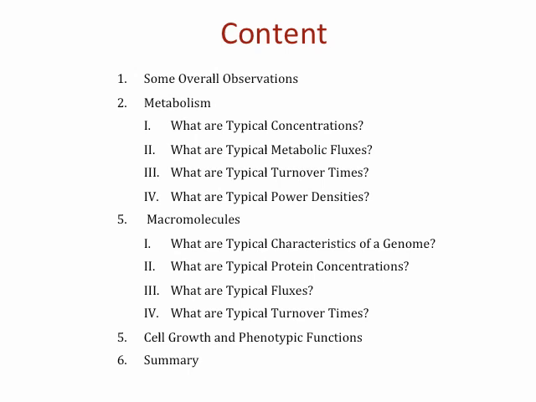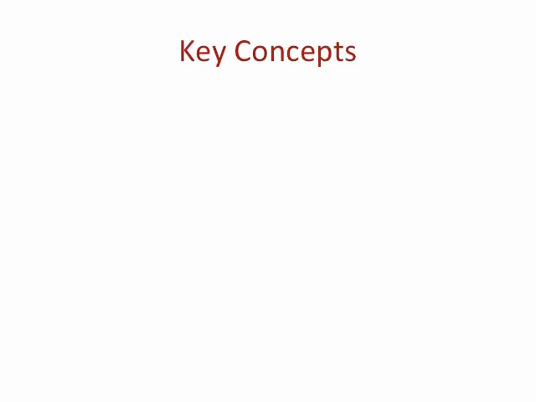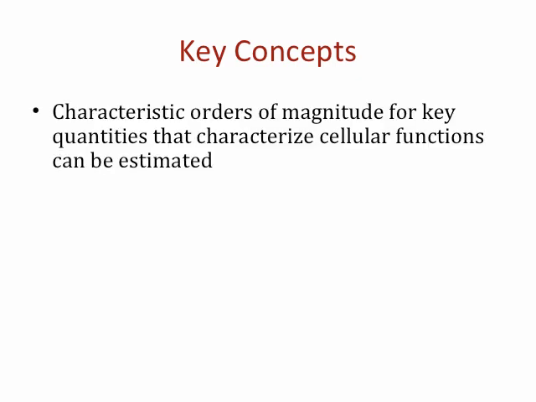Okay, some of the key concepts here. We can estimate typical or characteristic orders of magnitude for key quantities that we need to characterize cellular functions, and we can estimate these based on data that is available to us on cell size, cell mass, cell composition, metabolic complexity, genetic makeup, and so forth.